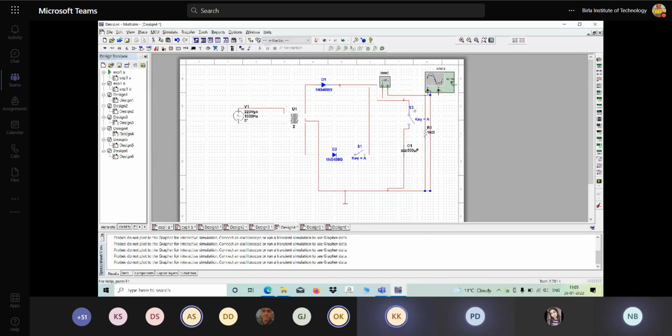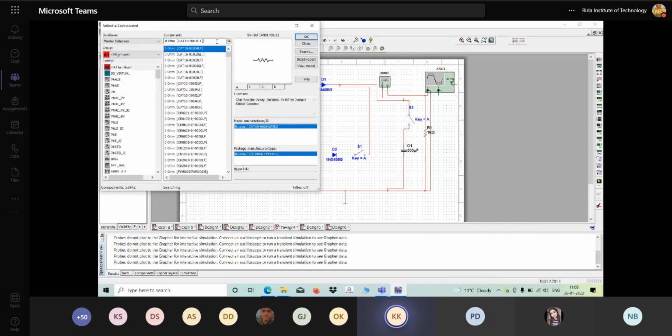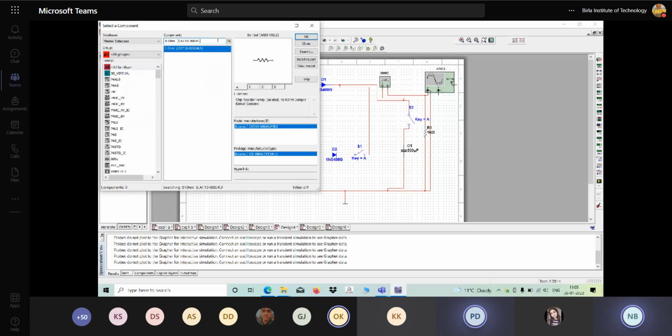So Kunal, in this experiment, can you please explain to your friend from where you found that transformer? Let's go to place source, first click all groups, then you can manually write here transformer.